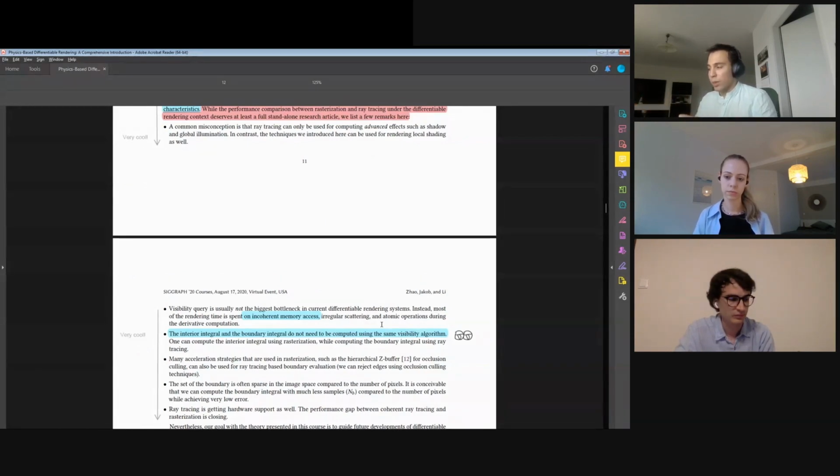One can also break down the equation such that you can use one type of algorithm for one part, and the other part can be used, for example, with a rasterization technique.